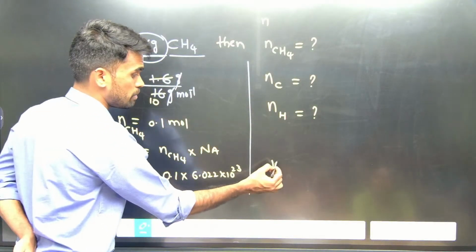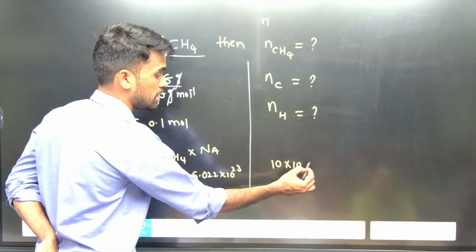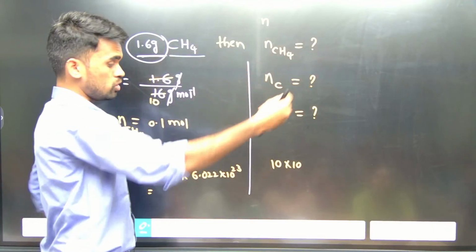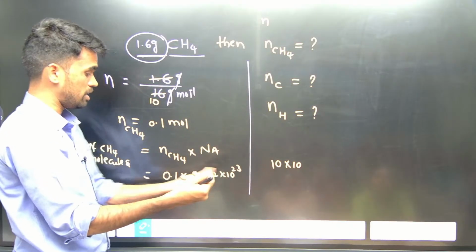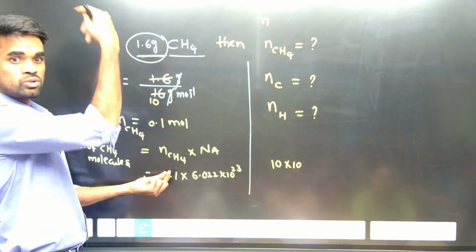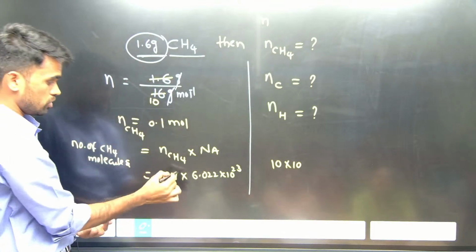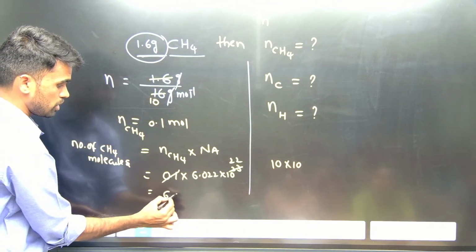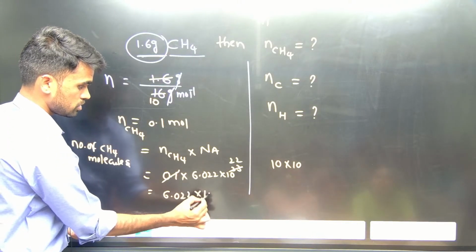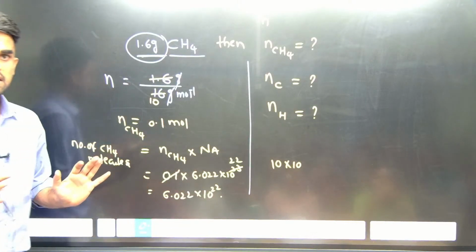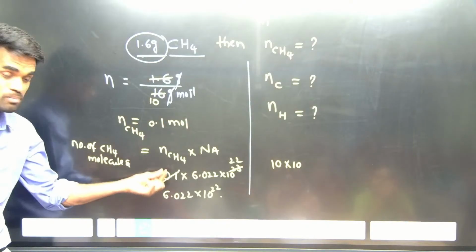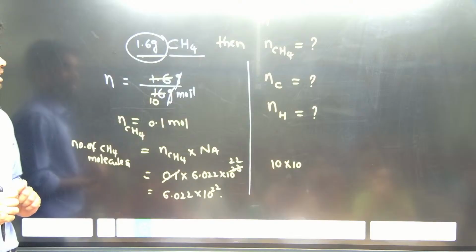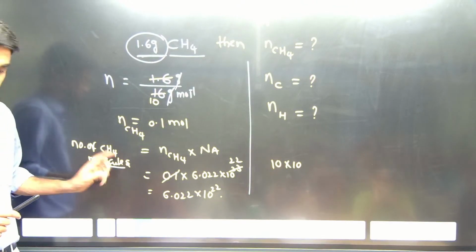It means you are multiplying 10 into 10 into 10 like that, 23 times. So 1 by 10 I am removing from here, so numerator 10 power 22. What will be your answer? 6.022 into 10 power 22. Is this clear? Is the simplifying also clear or not? Everyone? Yes.